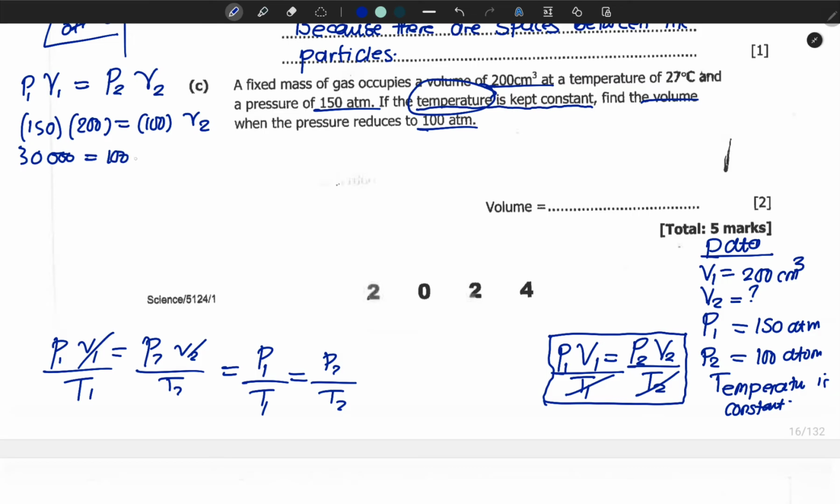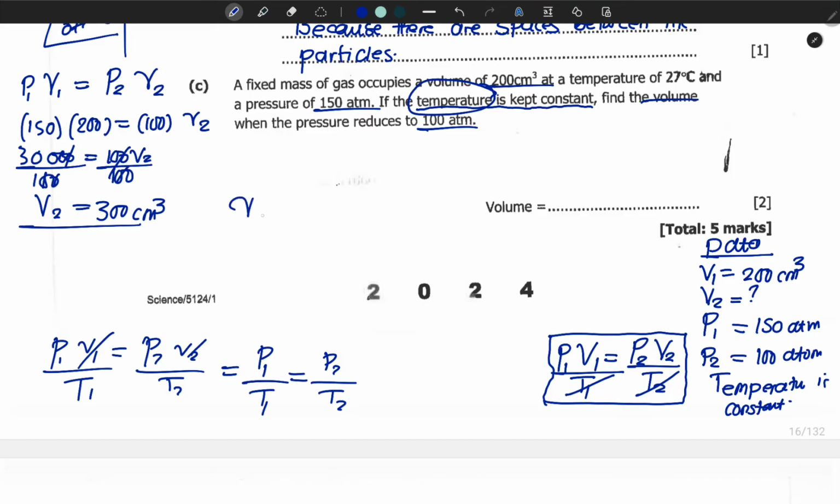Then we have 100 V2, so divide by 100 on both sides. So that's our V2. So our V2 is 300 cubic centimeters.